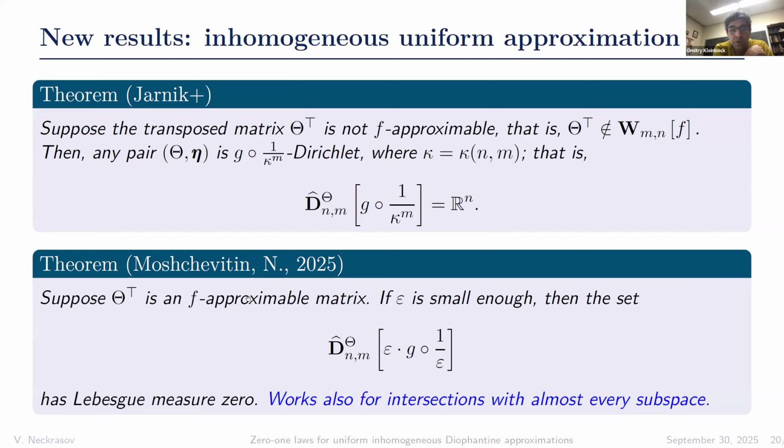But can you explain, if you have a set of Lebesgue measure 0, then the intersection with almost every subspace has measure 0 just by Fubini. So what exactly? Well, okay, yeah. This formulation is not very precise.